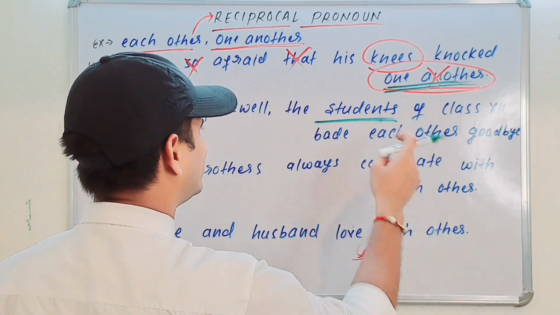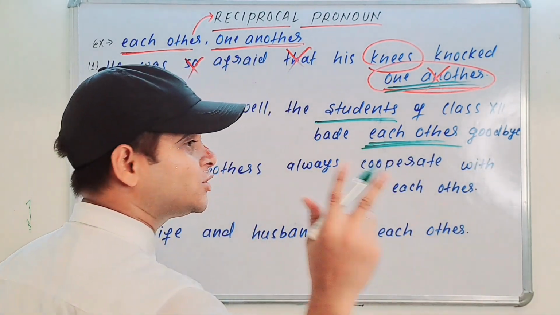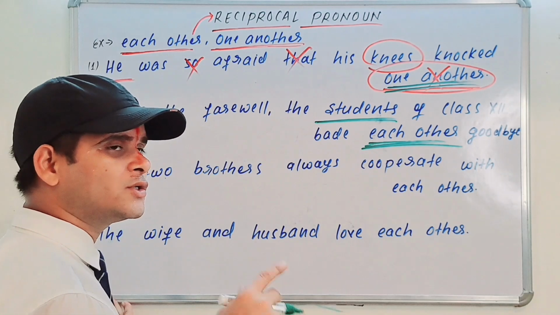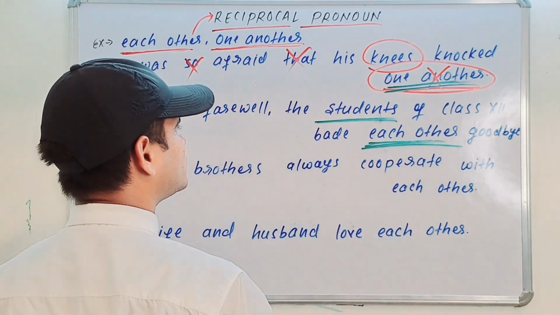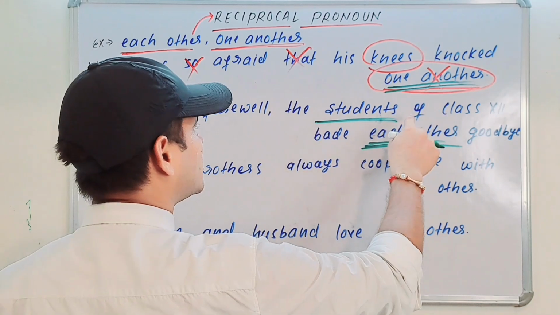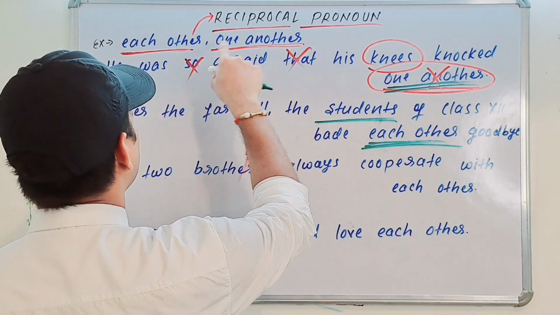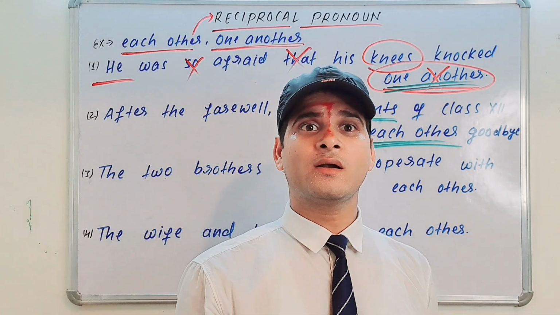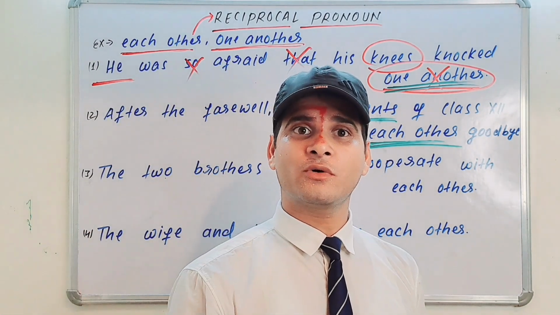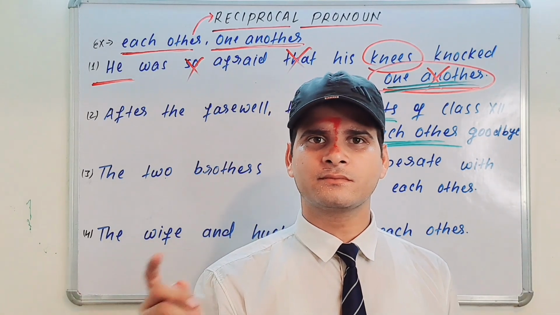As I told you, my dear students, each other is only used for two in number. But here there are more than two students. So we have to use one another, because the reciprocal pronoun one another is used for more than two persons, things, or anything.